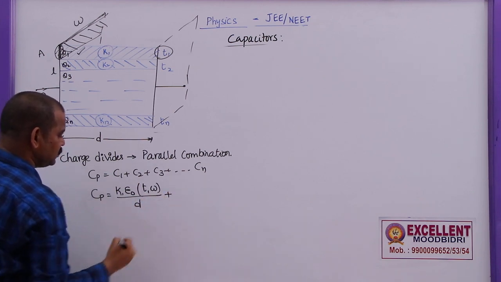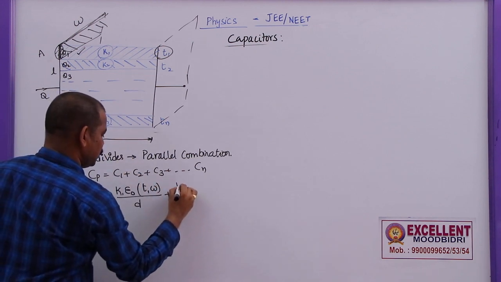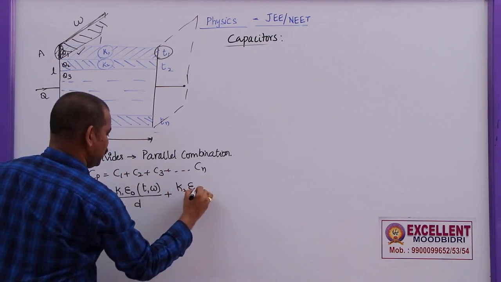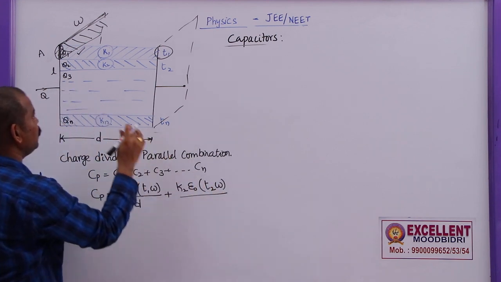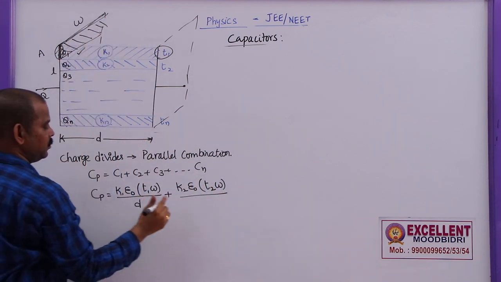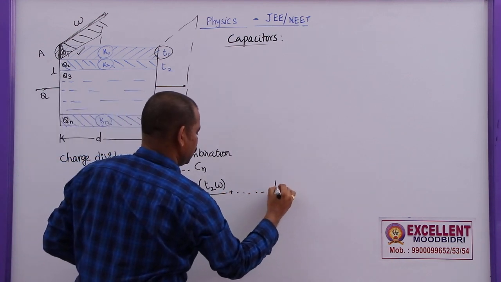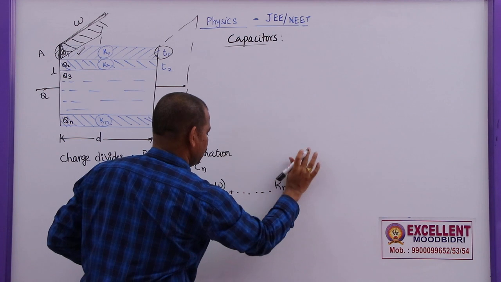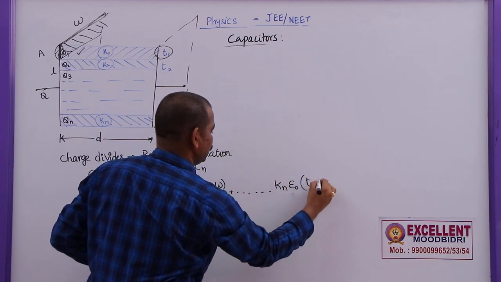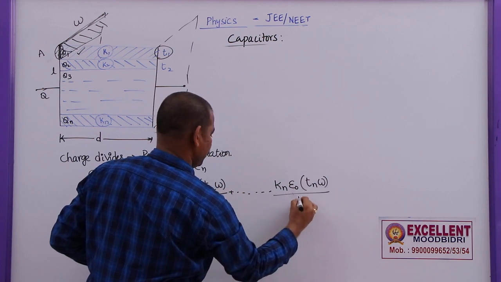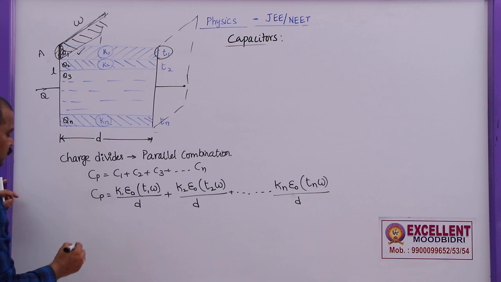So, D plus, what is the capacitance of the second one? This is K2 epsilon naught T2 W by D, where W is the width of this plate, and so on, Kn epsilon naught Tn W by D. So, what are the constant or similar terms in this one?